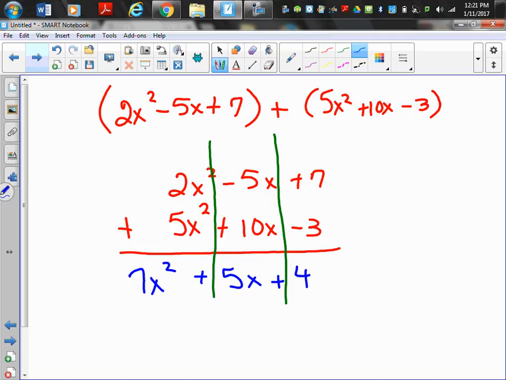So there's your answer. Why you got lines? To separate the terms. I know if it's an x squared, it has to be right here in this group. That's the way I'm showing separation of my like terms. This is fine.